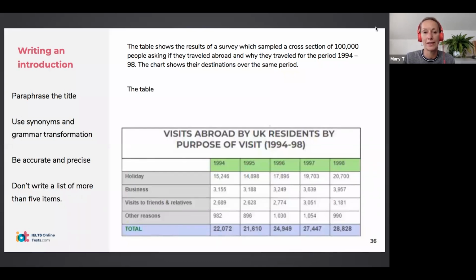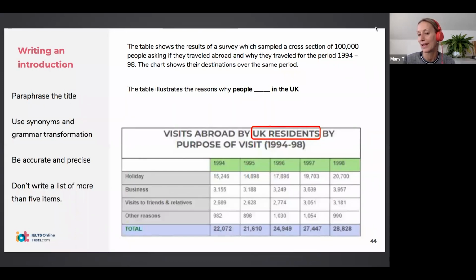Okay, so now looking at how to paraphrase it. So we need here a word for shows. Yeah, some of you got it straight away. Alyssa, yes, illustrates is probably the best synonym there. So the table illustrates. Okay, and then a synonym for why, or another way of saying that, the reasons, that's right. The reasons why. Okay, so this is one important thing to notice, that it's just referring to people that live in the UK, so UK residents.